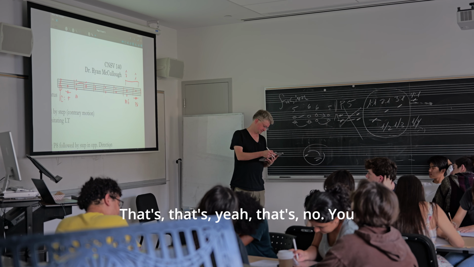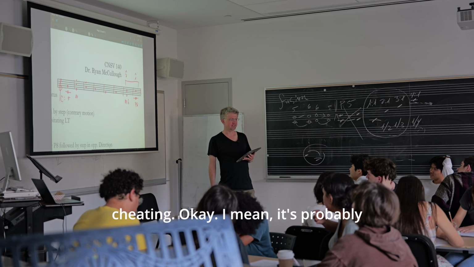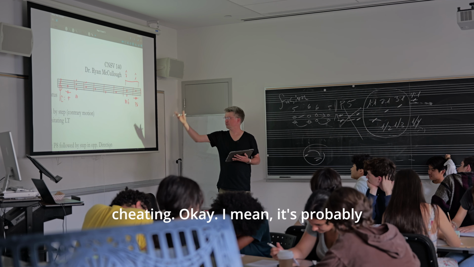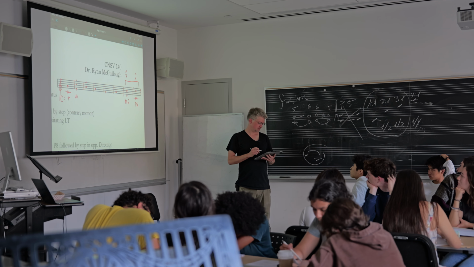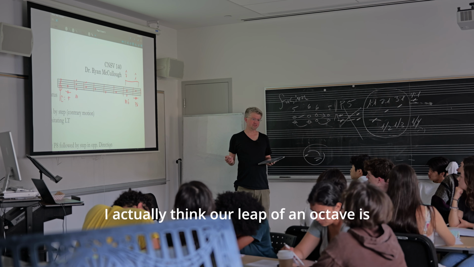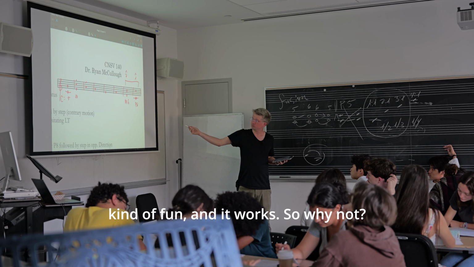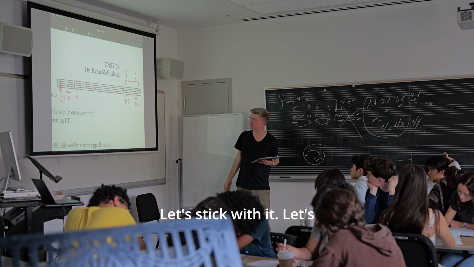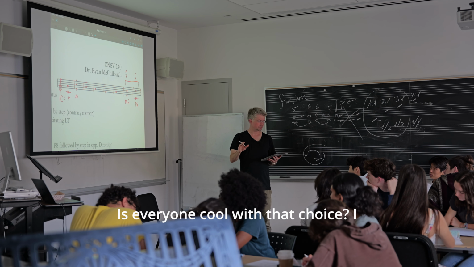That's no. You didn't do the assignment. That's just cheating. Okay? I mean, it's probably also wrong, but you can do it once. I actually think our leap of an octave is kind of fun, and it works, so why not? Let's stick with it. Let's see if we can make it work. Is everyone cool with that choice?